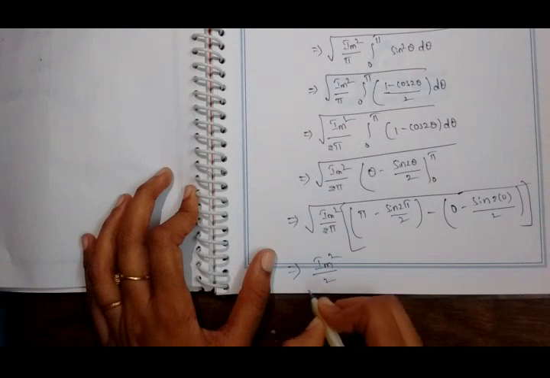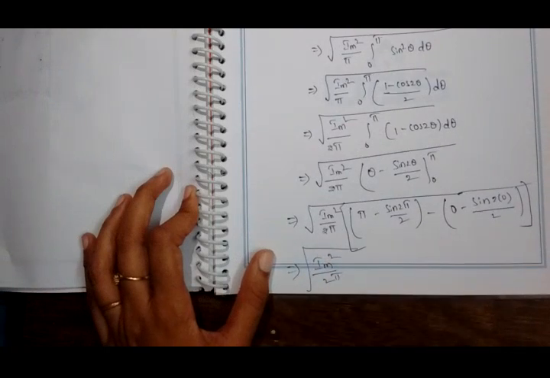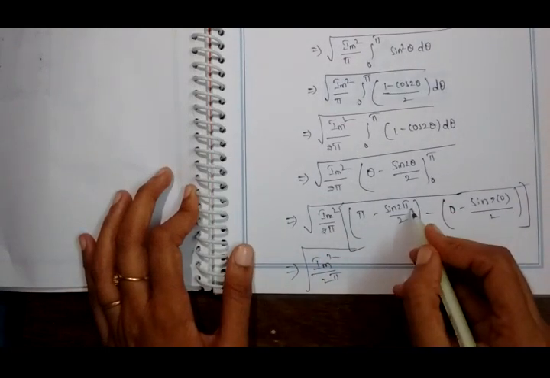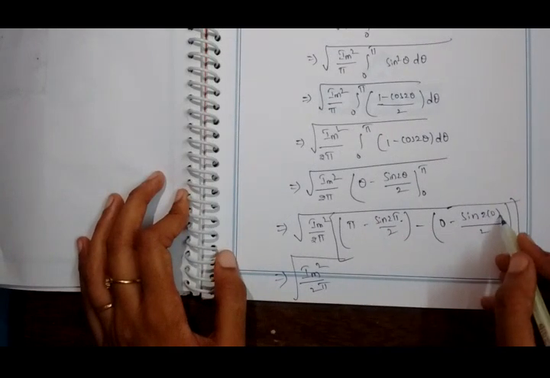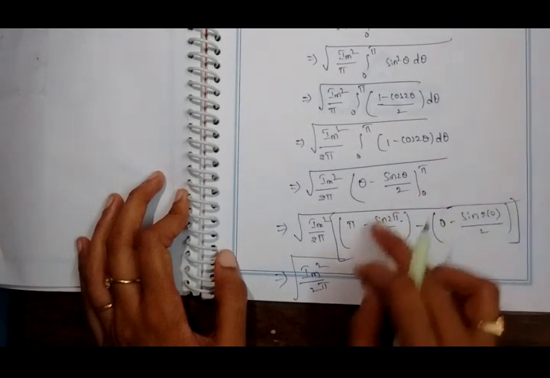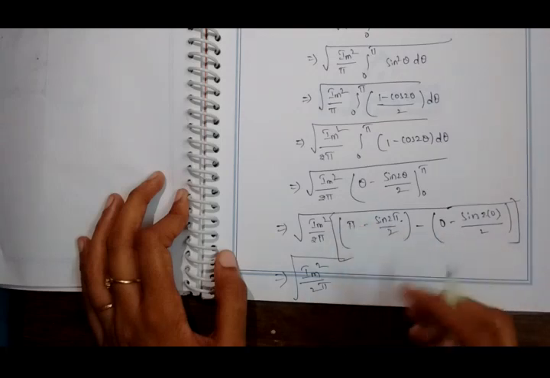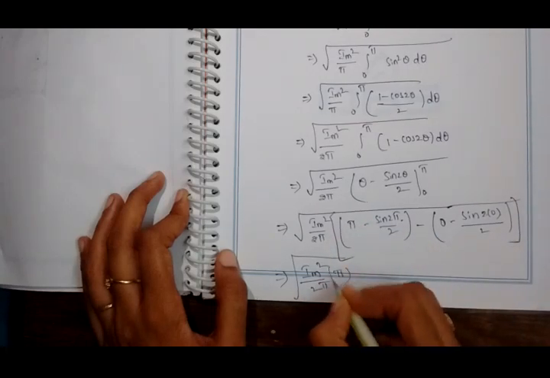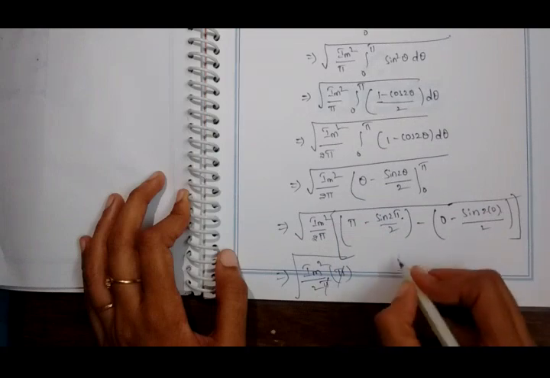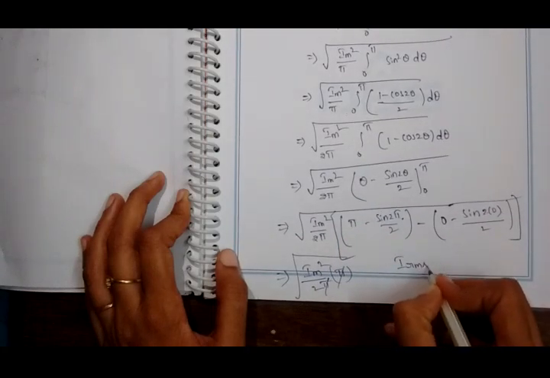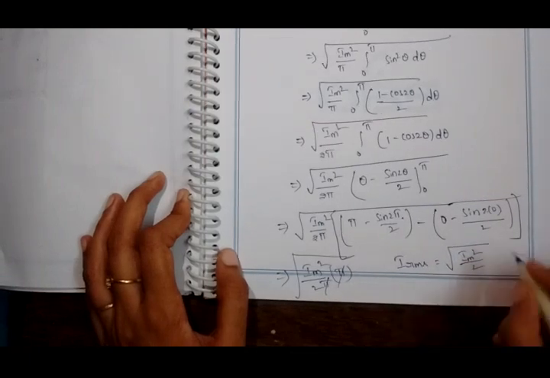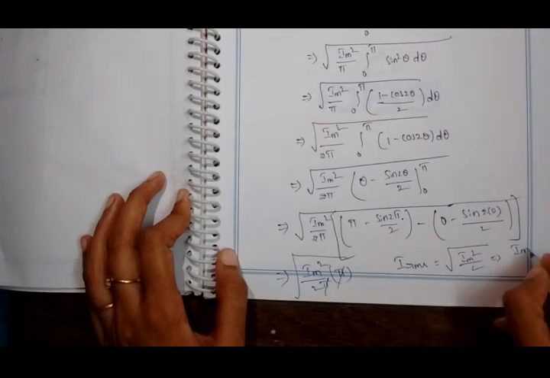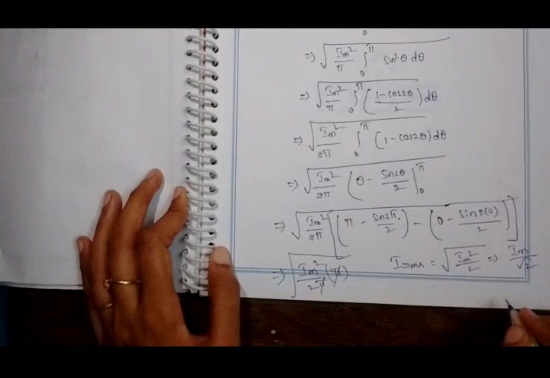Here sin 2 pi means sin 360. We know that sin 360 is 0 and sin 0 also 0. So the total value will become 0, leaving behind the value pi. Pi gets cancelled. So we will get IRMS is equal to square root of Im square by 2, which is equal to Im by square root 2.